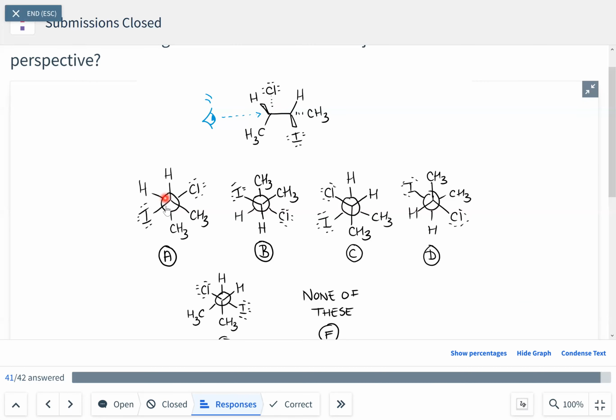So in this one we have a line pointing up, so it won't be A because this is in the opposite direction.